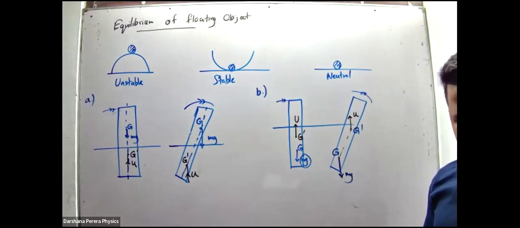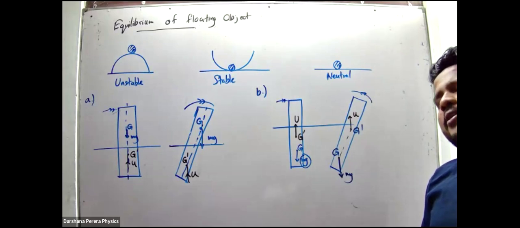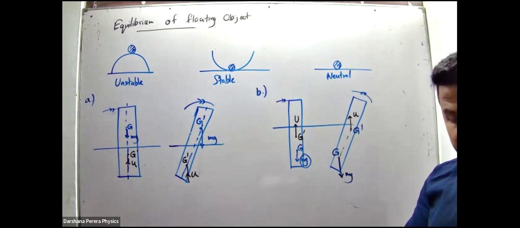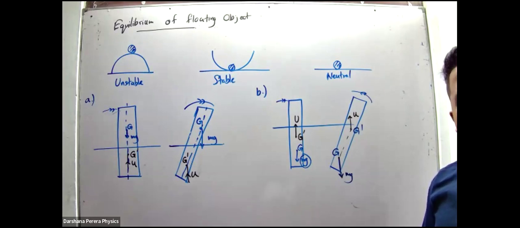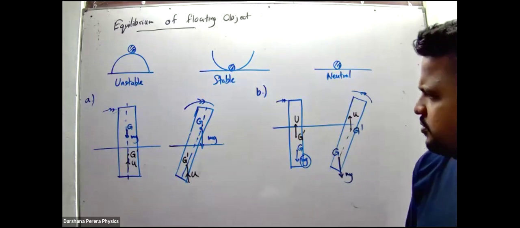Therefore, the object will return to the original vertical position. This is called stable equilibrium.